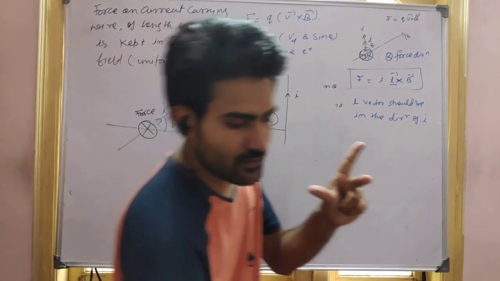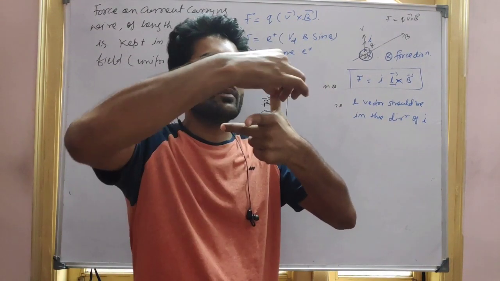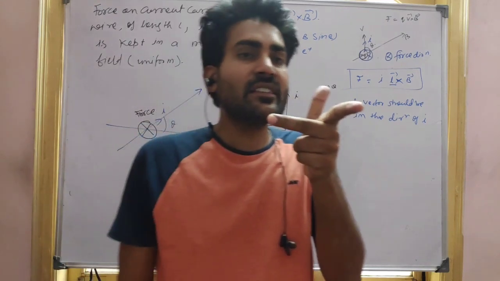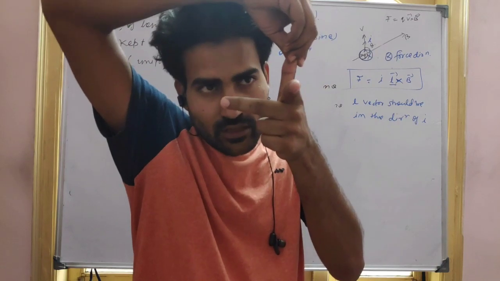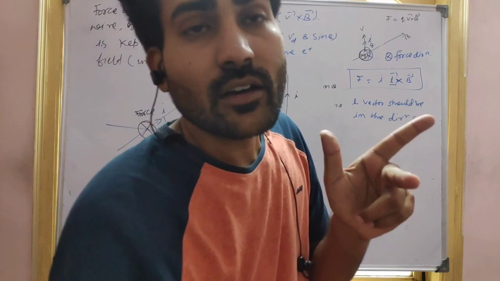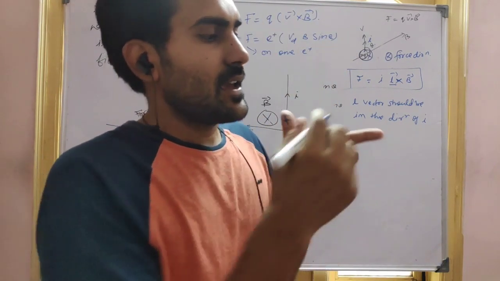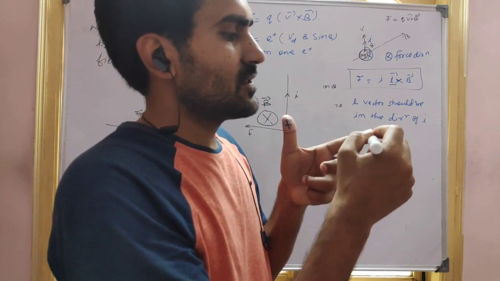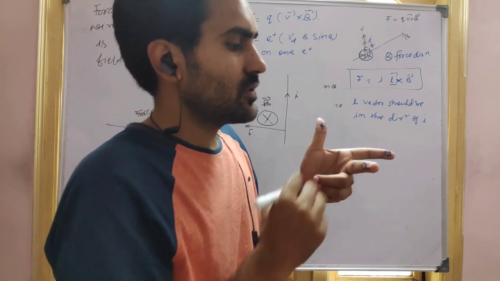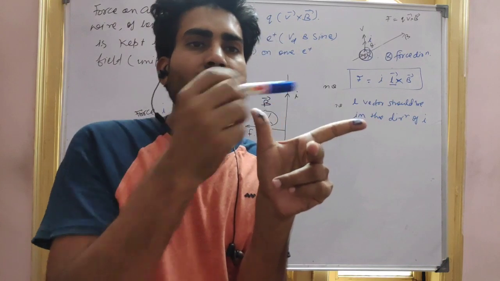If I position my fingers like this, the index finger shows B, the magnetic field, the thumb shows the force, and the middle finger shows the current. So you can remember it as FBI.